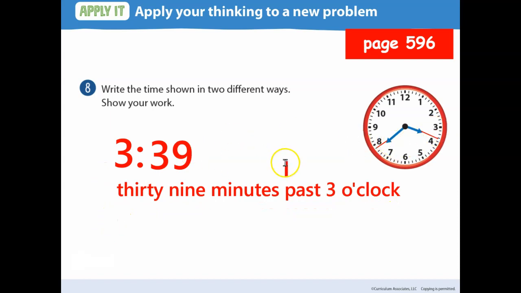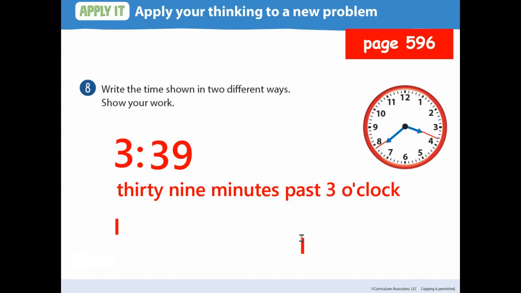What's the next hour after 3? 4. So it's going to be however many minutes before 4 o'clock. So I'm going to take 39 minutes and subtract it from how much?